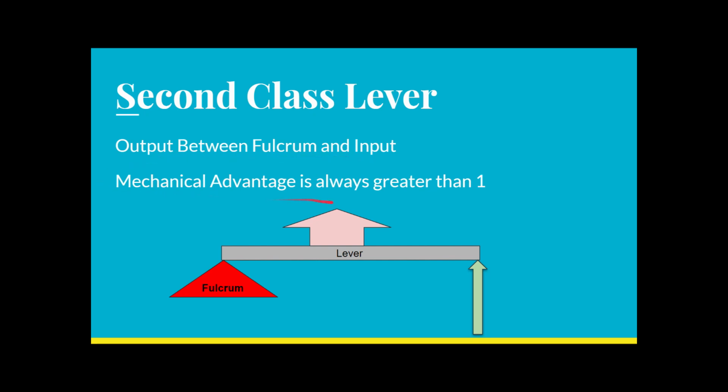Now for these, the mechanical advantage is always going to be greater than 1, which means, again, the input force is going to be smaller but cover more distance, and the output force will be larger but cover less distance. So go ahead and pause here to write everything down, including the diagram. And let's take a look at an example.